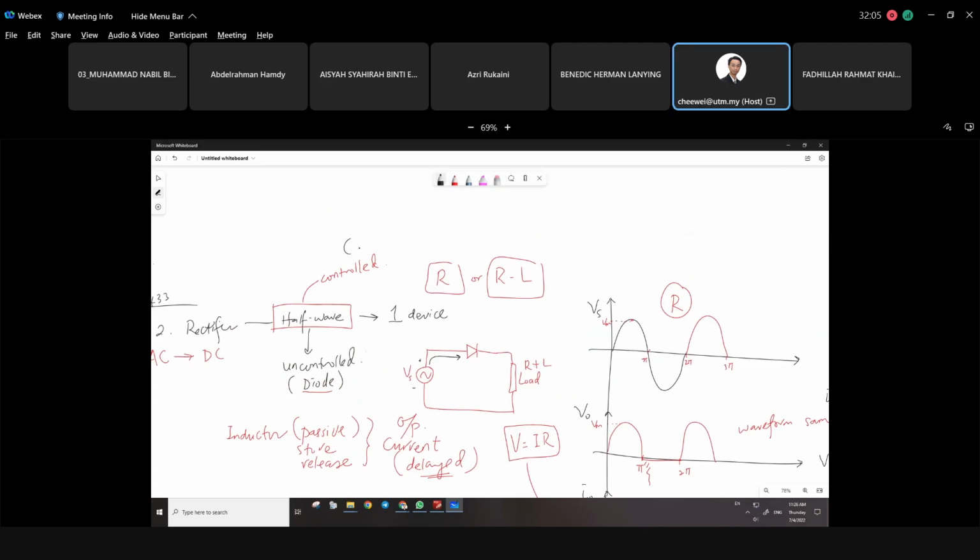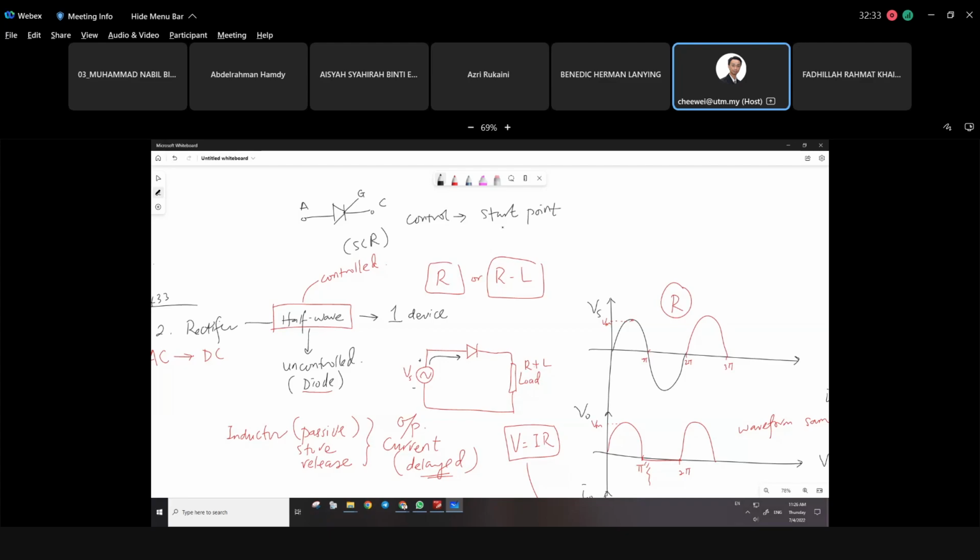Then we have to use SCR. Symbol of SCR is plus, this is anode or cathode, okay. Using SCR or thyristor. So if we're using thyristor, meaning that we can control what? Which parameter can we control? Start point.